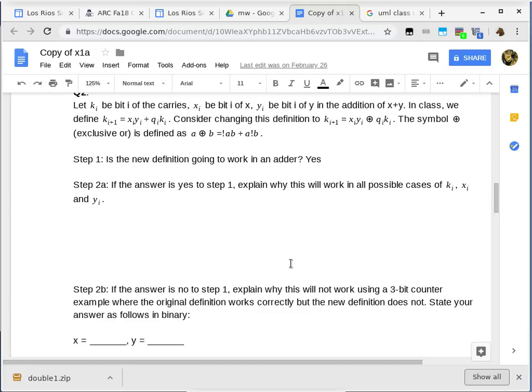So now that you know the one minor difference between the or and the exclusive or, you have to think, in the original equation here, would it make any difference? In other words, is there a case where x_i y_i is a 1 and q_i k_i is also a 1? Can it happen? It's not possible.